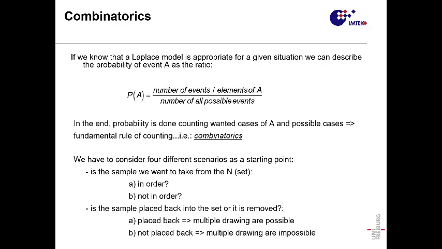And there are two things, roughly speaking, that you have to consider. One is whether the event happens in an order, so the order of the elements that you're looking at is important. And that is the first thing here. And the second is, if you take one element from the subset of omega, whether you can replace it, or once you take it, you cannot put it back.